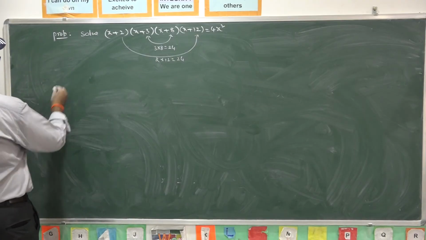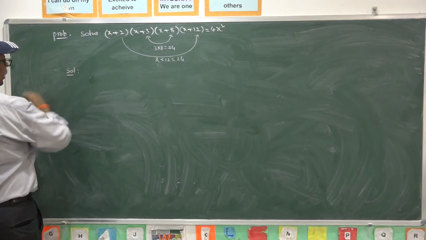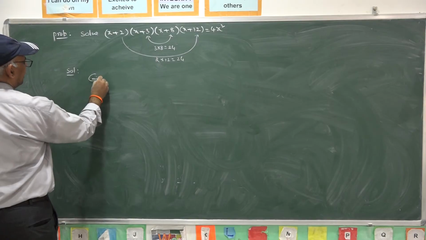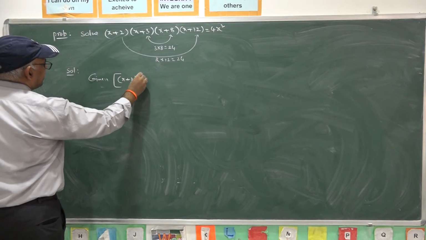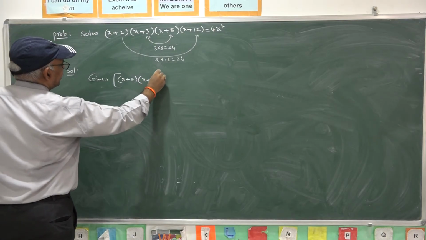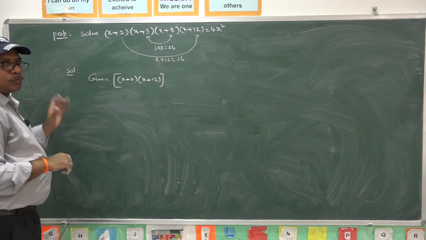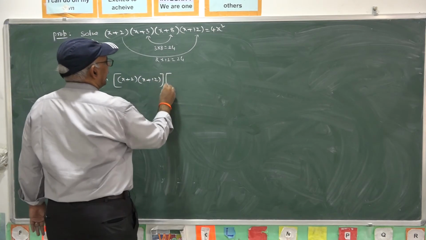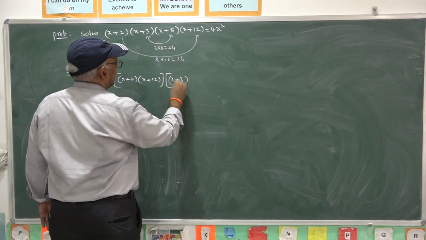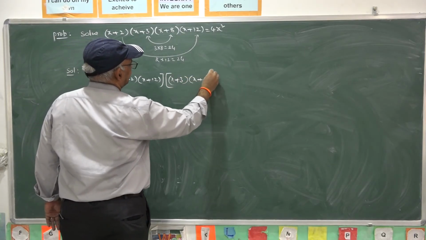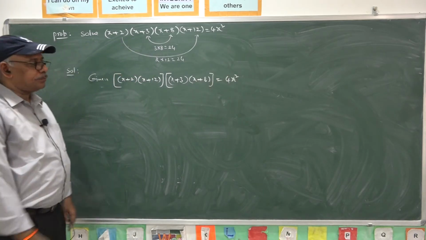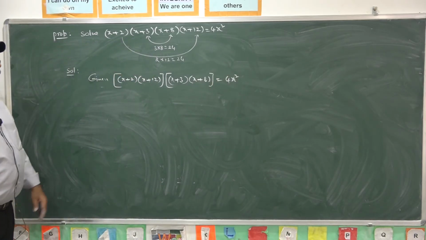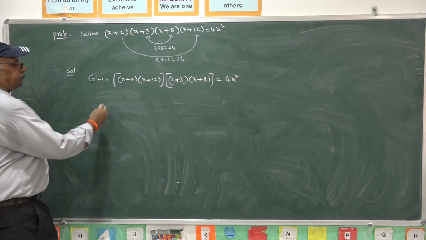Now, by this observation, in the given equation, at first write the linear factors pairwise. These two factors as one pair and these two linear factors as another pair. Keep the RHS as it is. Now multiply these factors.